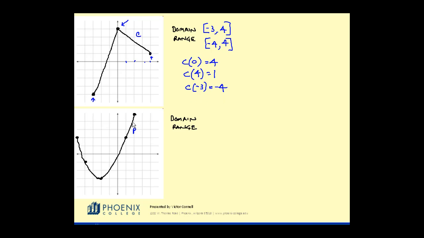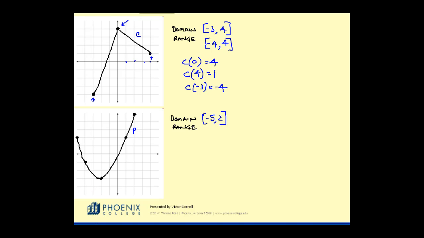Okay, let's skip down to the next graph down here, P. This is function P. So what's the domain? The x's go from here, negative 5, all the way to 2. So all the x's across going this way. Negative 5 all the way over to 2.